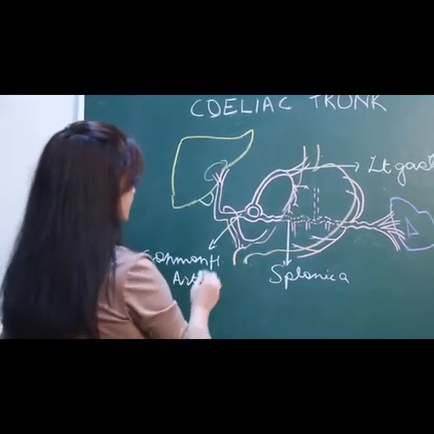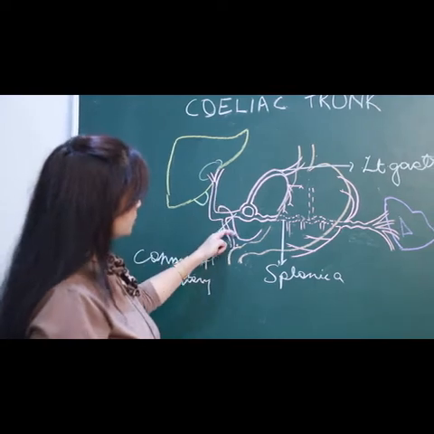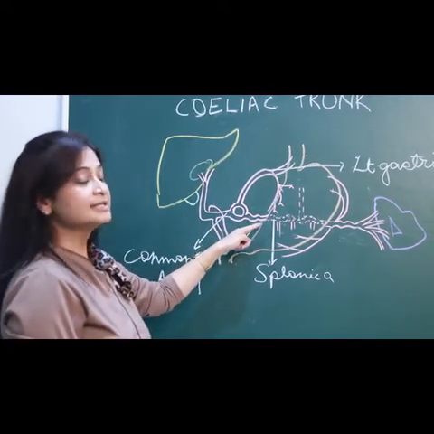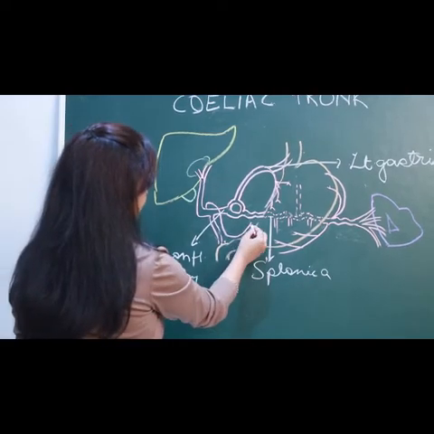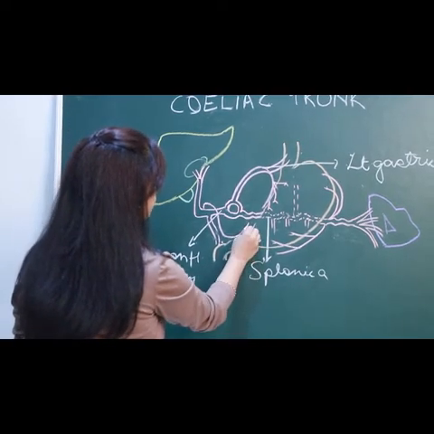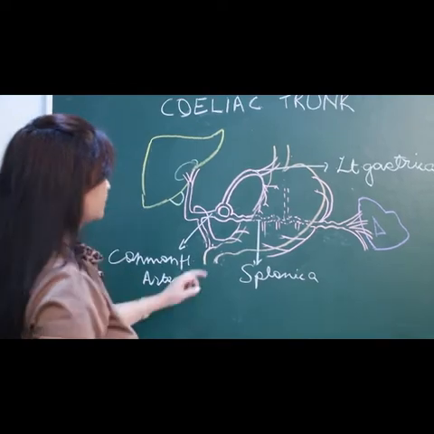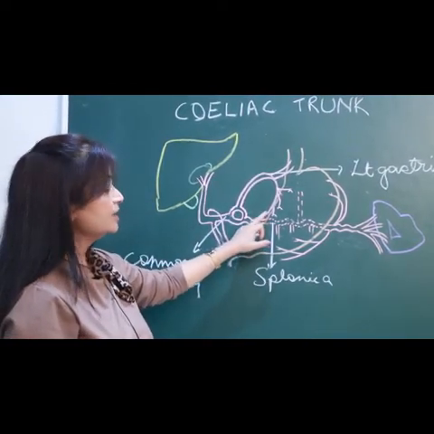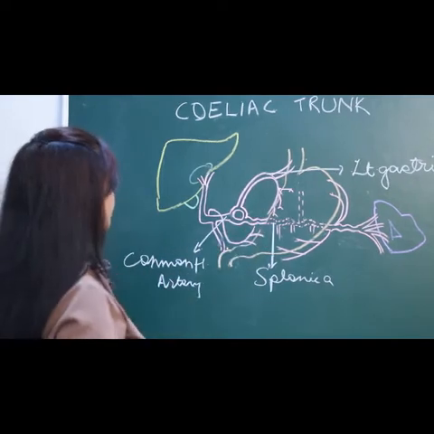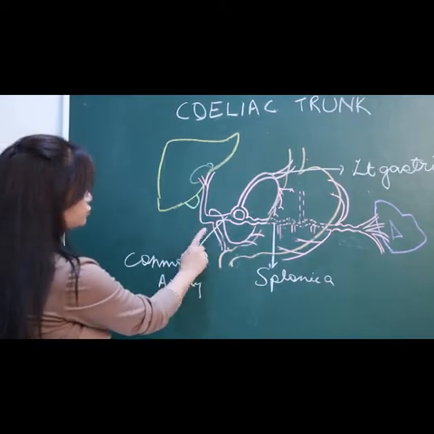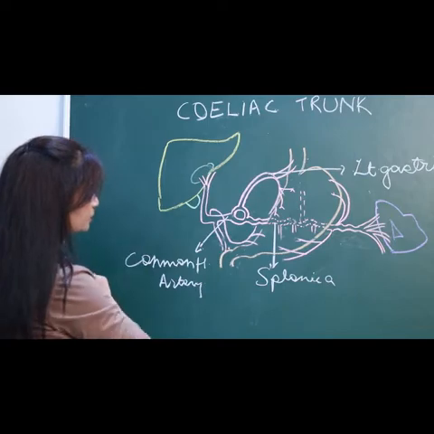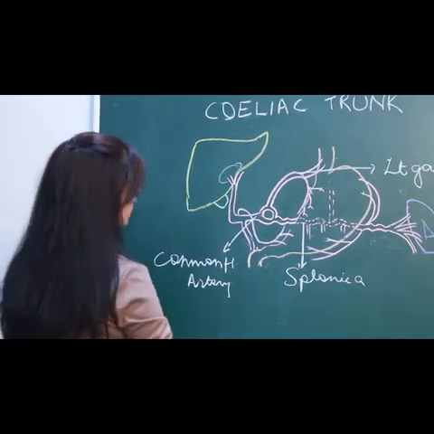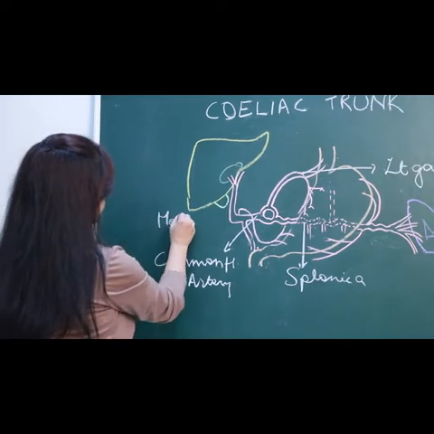Now this right gastric artery runs towards the left and enters the lesser omentum and supplies the lesser curvature of the stomach through these gastric branches and ends by anastomosing with branches from the left gastric artery. Now after it gives off these two branches, that is the gastroduodenal artery, this artery is now known as the hepatic artery proper.